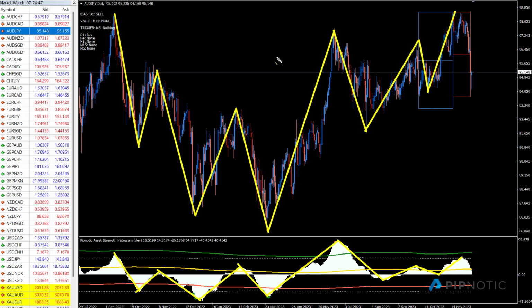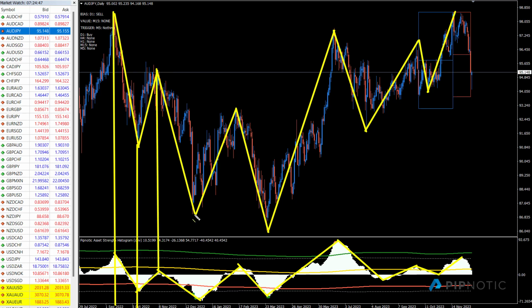And this is, I think, pretty common behavior. It enables us to not pinpoint, but have an understanding of where these cycles are turning and where they are most likely to go.